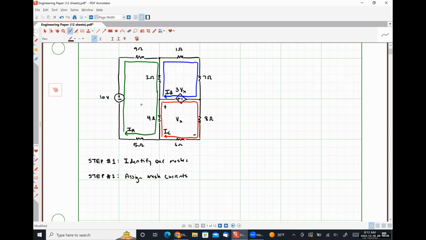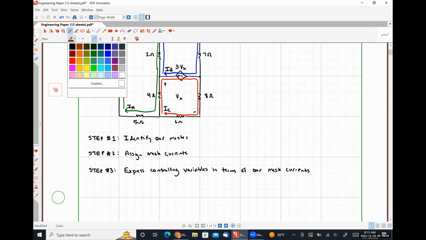All righty, so our third step is going to be express our controlling variables in terms of our mesh currents.